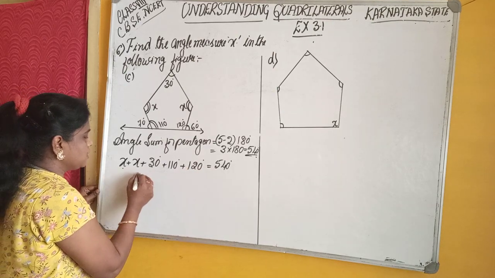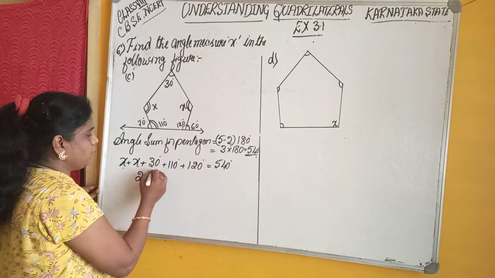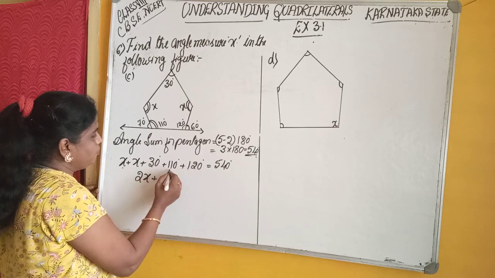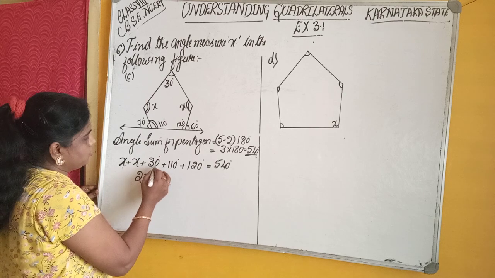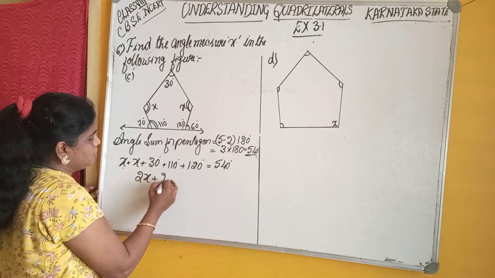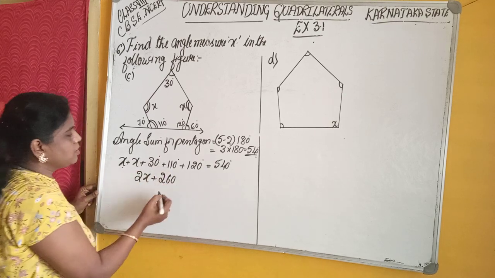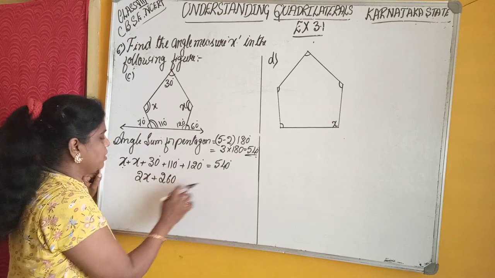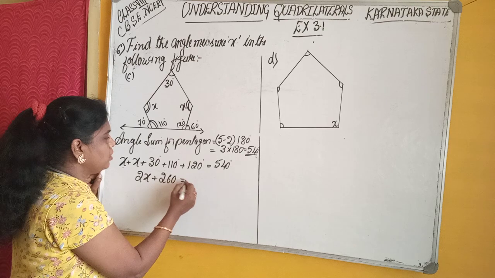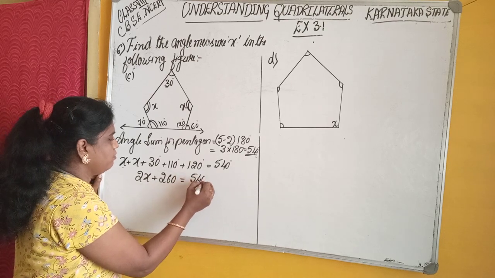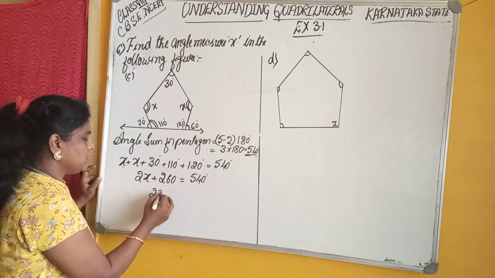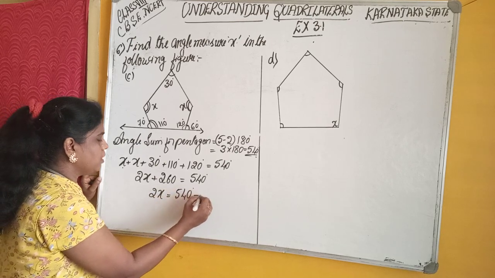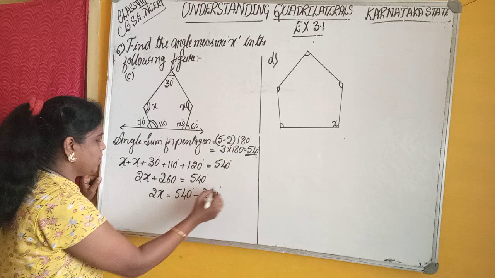Therefore x plus x is 2x, plus we have to add all these. 140 and 120, if you add, we get 260. So 2x plus 260 is equal to 540 degrees. 2x is equal to 540 degrees minus 260 degrees.